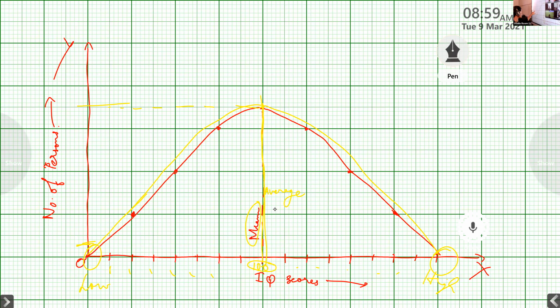The more number of people in the population would be of average score.